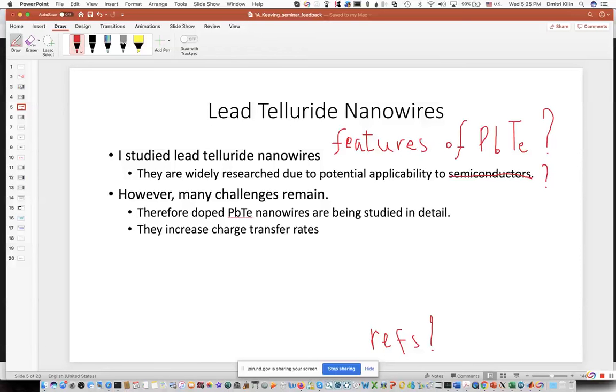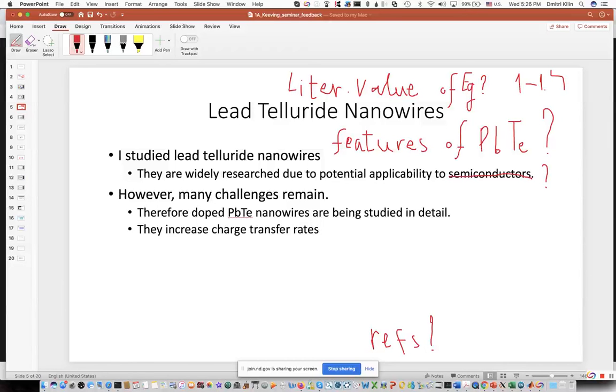But do you have an idea right now? What is the literature value for the gap of lead telluride? If you go to Wikipedia and ask what is the gap of lead telluride? You mean the band gap? Yes. I think at like 300 Kelvin, it's like 1.5 electron volts. That's more about silicon.